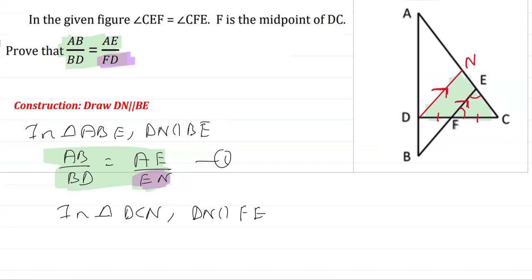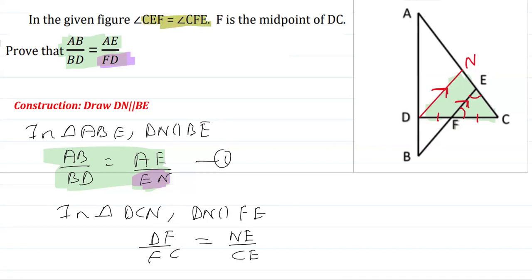So here too I'm going to apply BPT. In that case, we'll get a ratio, that is DF over FC is equal to NE over CE. Now check again that here these two angles are given equal.